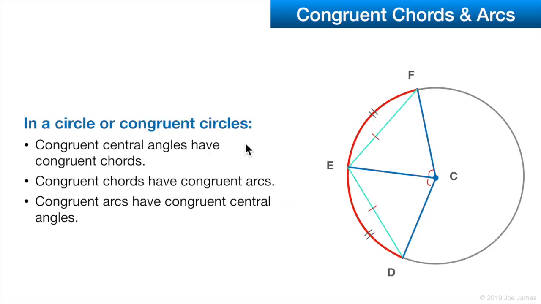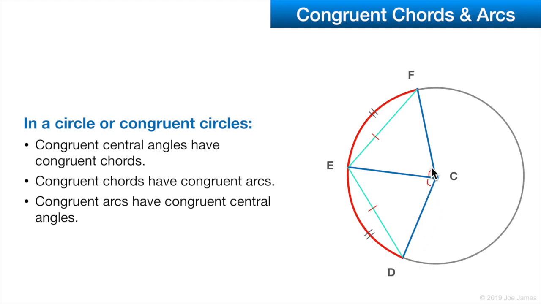Here's another important property about circles and arcs. In a circle or congruent circles, not necessarily the same circle, in my diagram this is the same circle, congruent central angles have congruent chords. So here we see two different angles that are congruent, FCE and ECD.